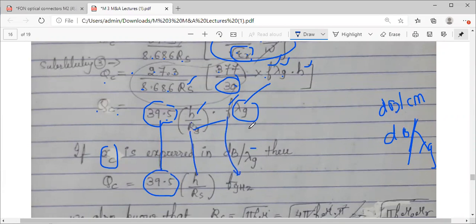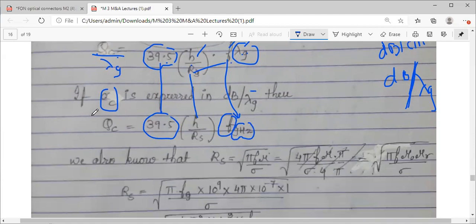Only F will remain, lambda G will not remain because that is divided by lambda G. Okay, this lambda G you can take it here. So QC will be equal to this much. And F, I have taken here a subscript of gigahertz because whenever we go for microwave frequencies, the frequency is in gigahertz. So that's why I'm using GHz.